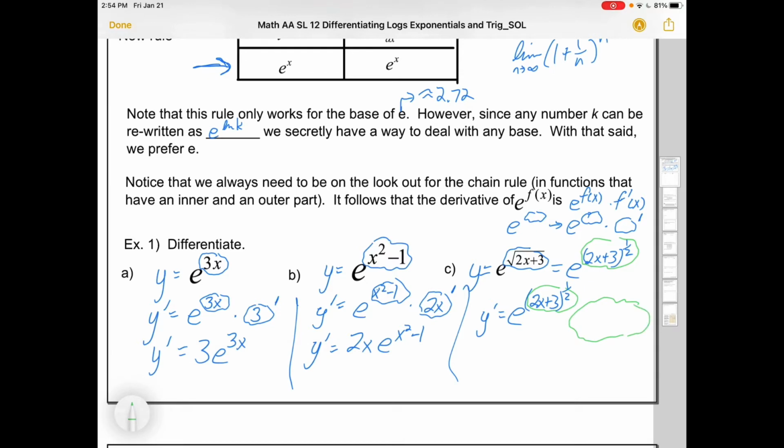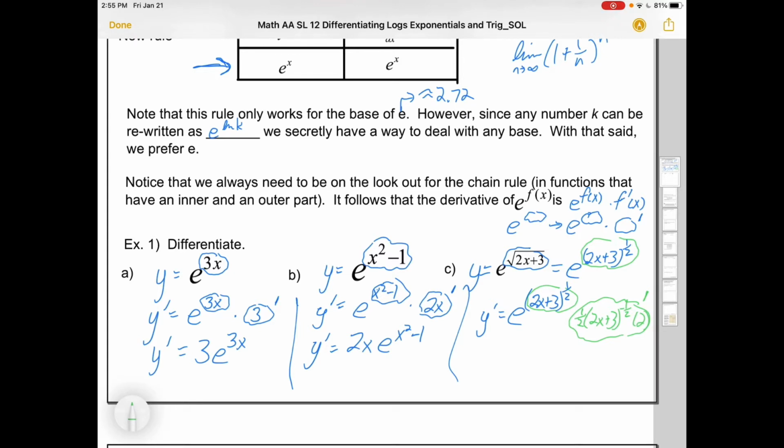Now here's something to notice. This is probably the first time this has happened to us. The glob itself has some globiness, right? It has a power of a half on the outside and then an interior part of 2x plus 3. So when we differentiate that glob, we're going to have a half, (2x plus 3) to the power of negative a half, times the derivative of its interior, which would be 2.